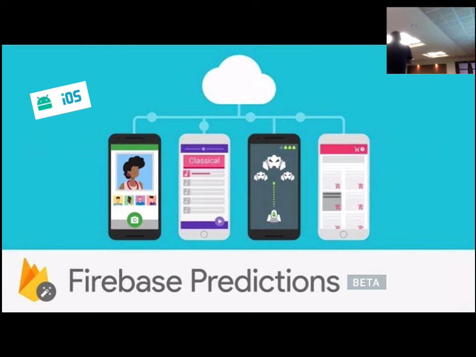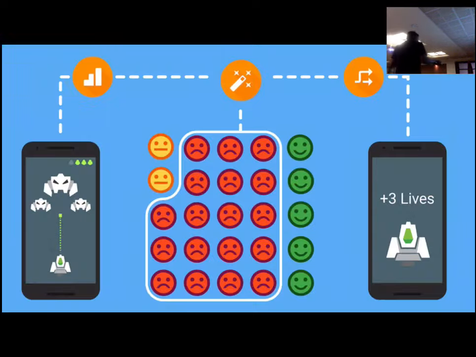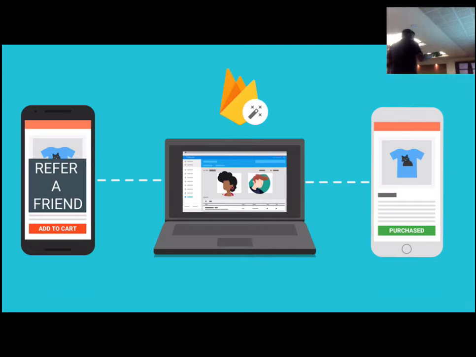If you're an e-commerce website and you can predict that a user wants to purchase, he has been lurking around for a long time, maybe offer some discount, and the user will purchase it. So you get the power of machine learning without getting a PhD or becoming a data scientist, with predictions.